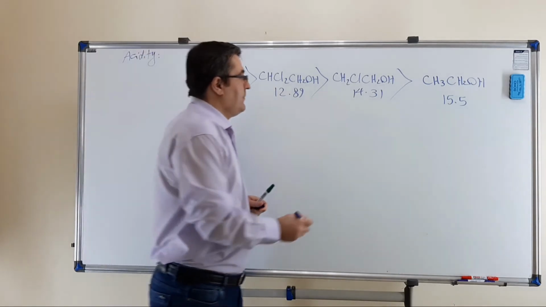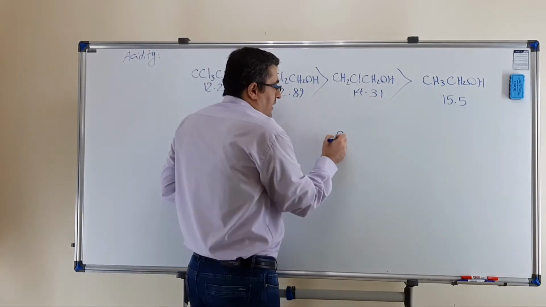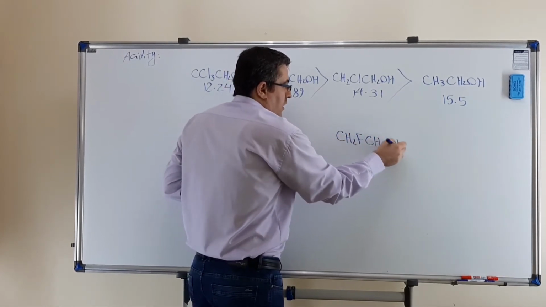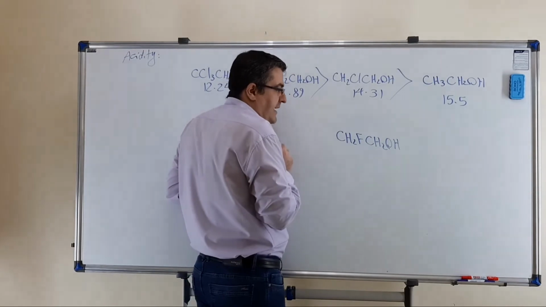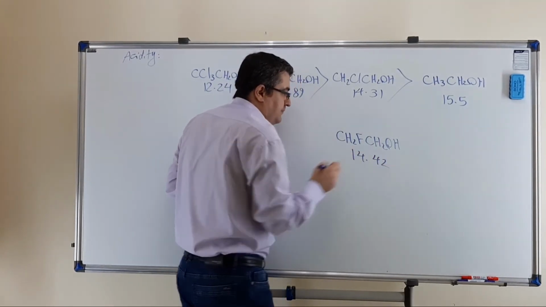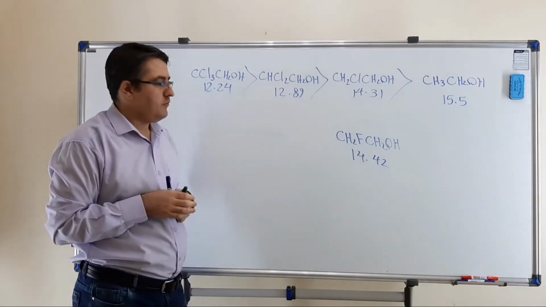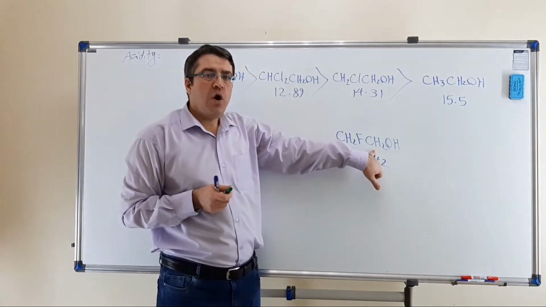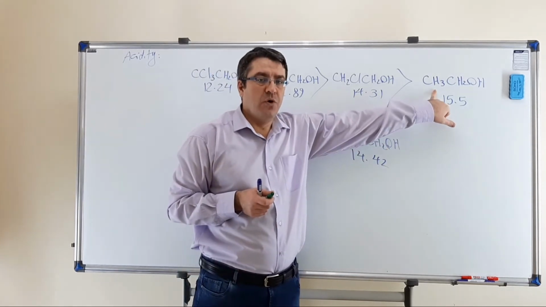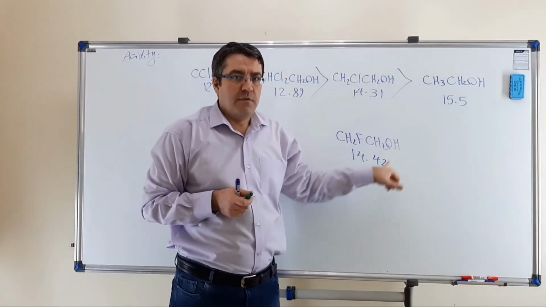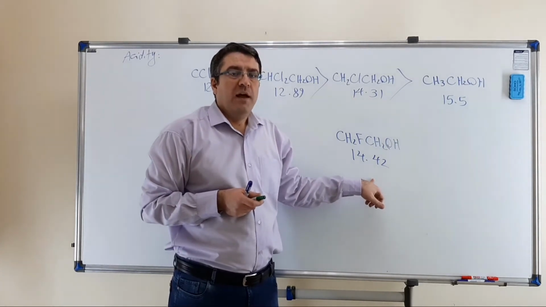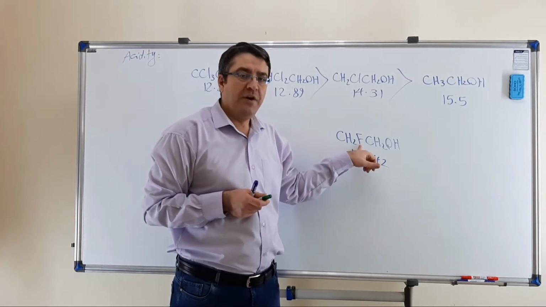For example, let's consider 2-fluoroethanol, whose pKa is equal to 14.42. 2-fluoroethanol as an acid is stronger than ethanol because its pKa is smaller, which can be attributed to the electron withdrawing fluorine atom.